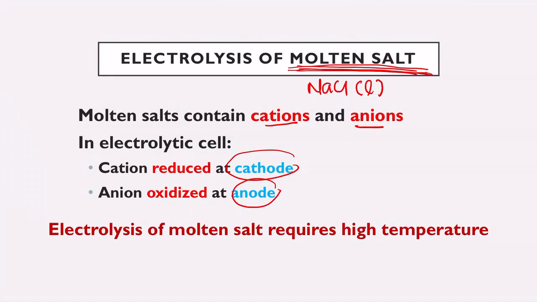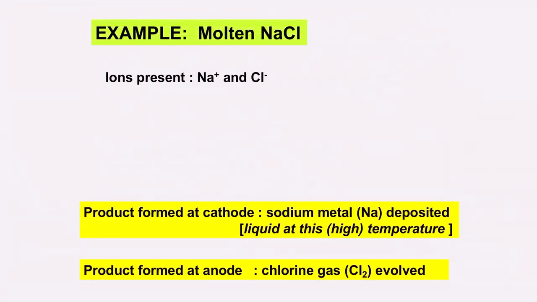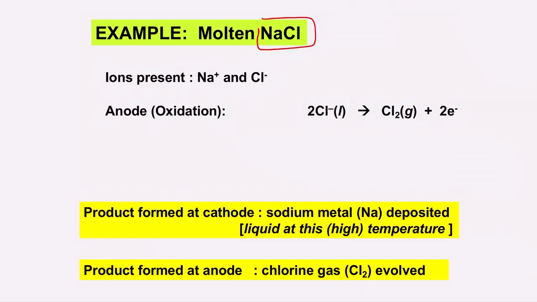So your electrolysis ni of your molten salt will happen at high temperature, because bukan senang-senang awak nak have molten ions. Okay, so for example, if you have molten NaCl, you will have sodium plus liquid and Cl minus liquid.